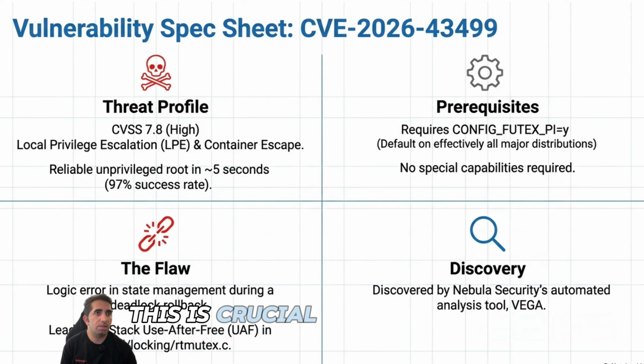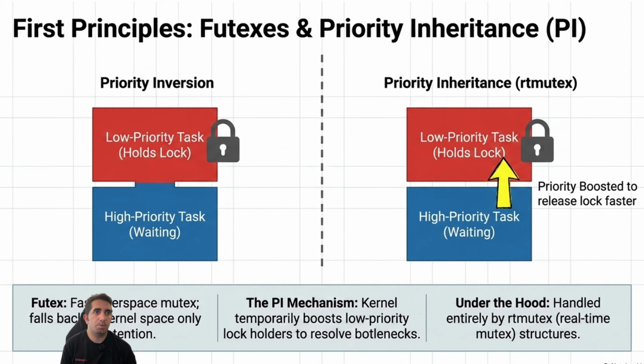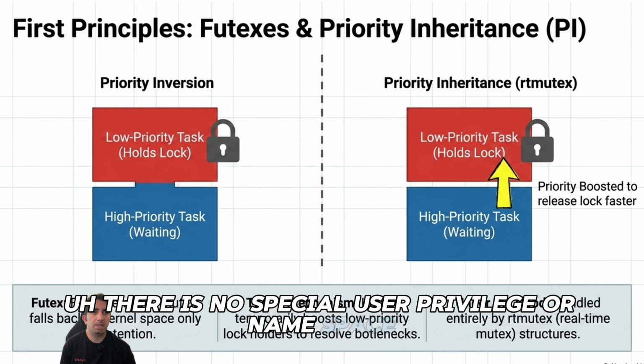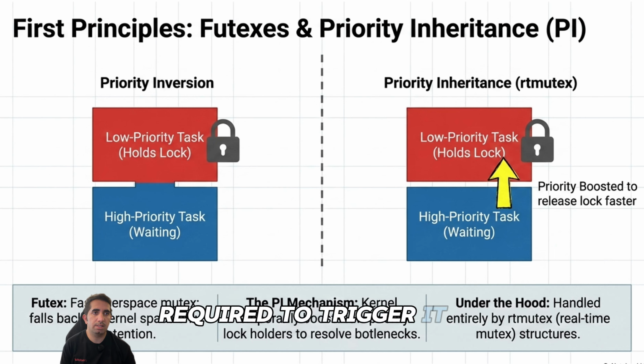This is crucial, as priority inheritance futex support is enabled by default on virtually every enterprise and desktop distribution. There is no special user privilege or namespace required to trigger it.